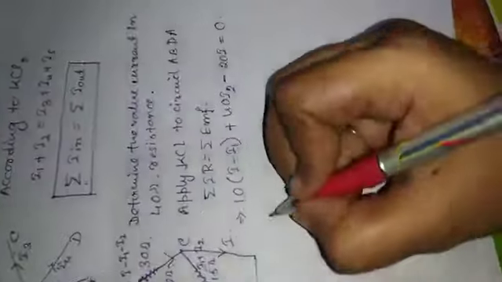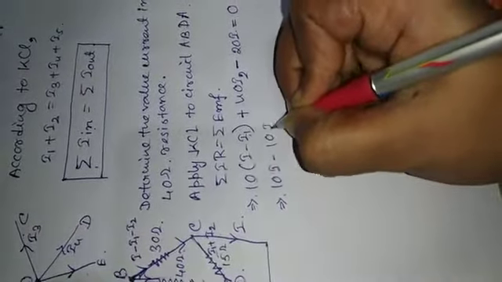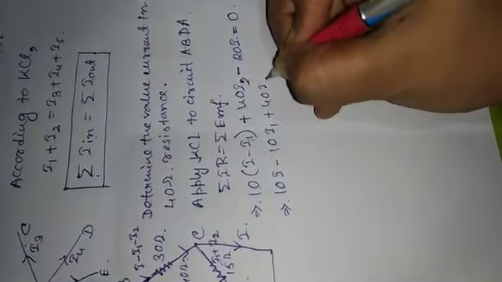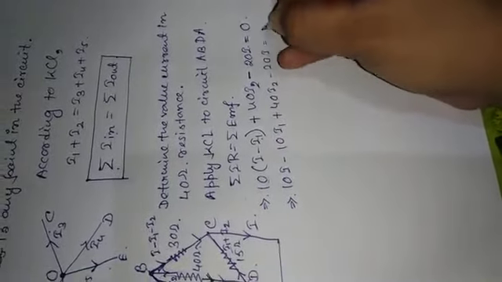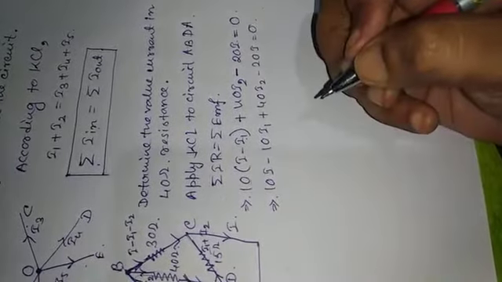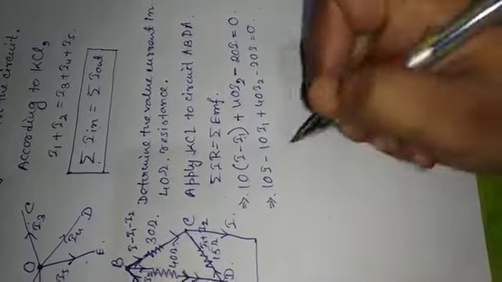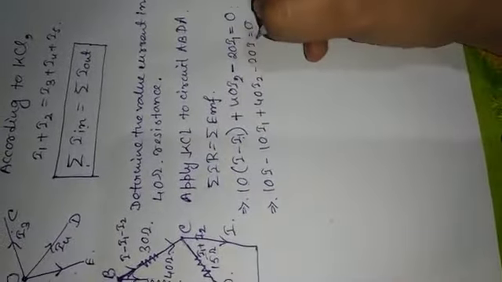So 20 I. Clear? Initially I am considering it as 20 I. So it will be total 0. Clear? No voltage is there. Basically, by simplifying this, what I am getting, sorry, it will be I1, I think.